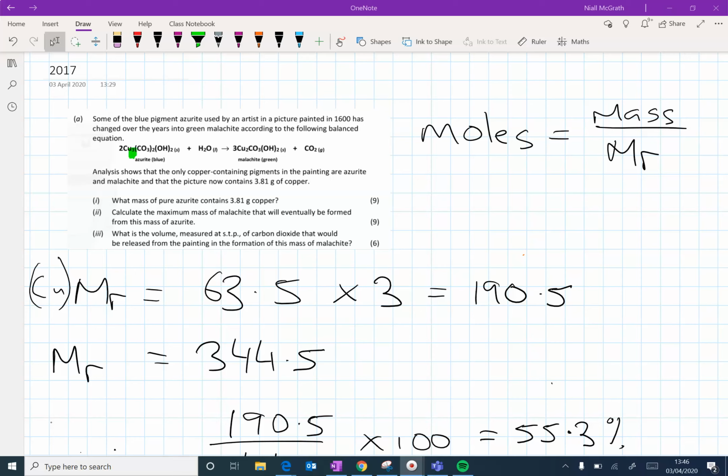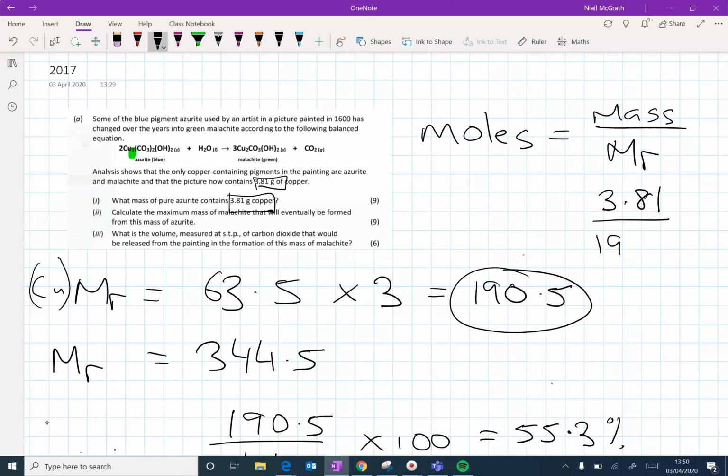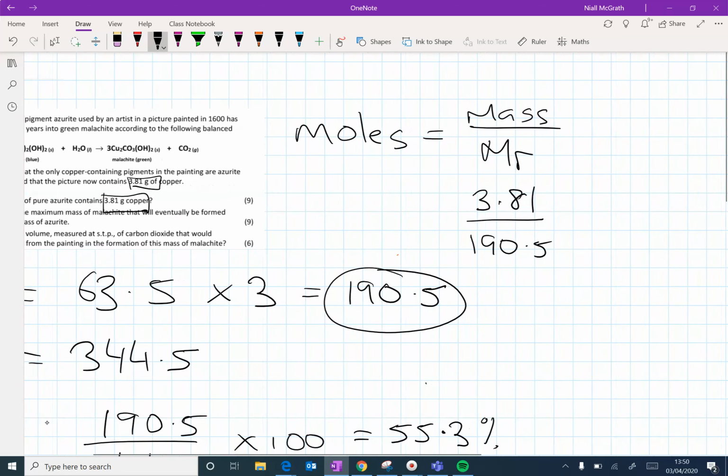In this question, the easiest way is to use our copper from part 1 and find our moles of copper. So our mass is 3.81, and our relative mass here is 190.5, because you have Cu3. It's not just one copper atom, it's three of them. So it's 190.5.